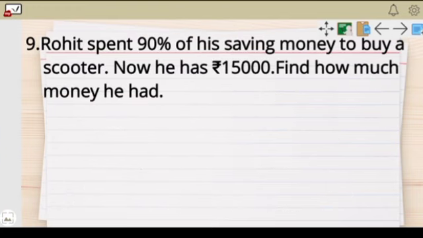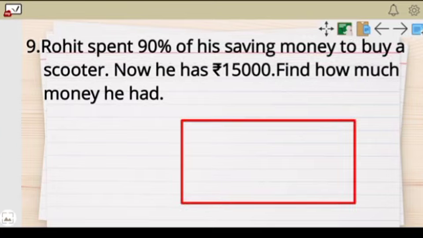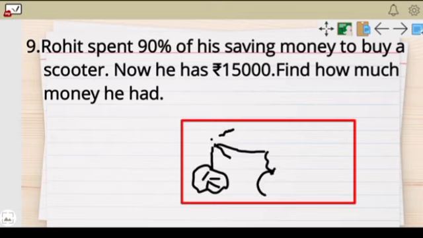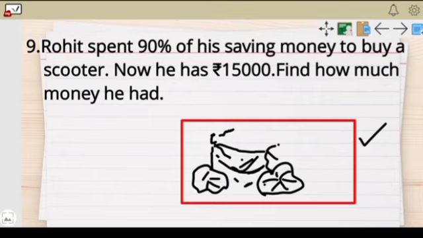Yes, we have question number 9. Rohit spent 90% of his saving money to buy scooter. Okay, so there is a scooter. Now he has rupees 15,000. How much money he had? Okay, what happened here?